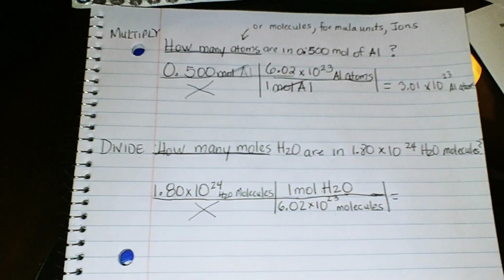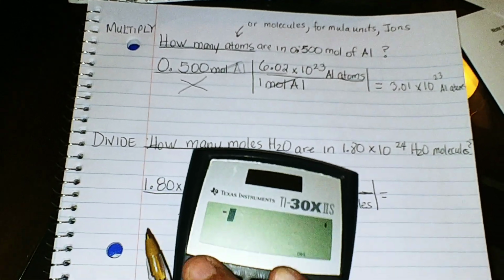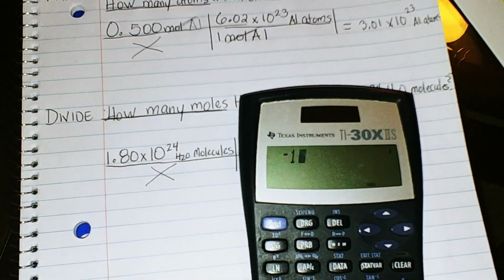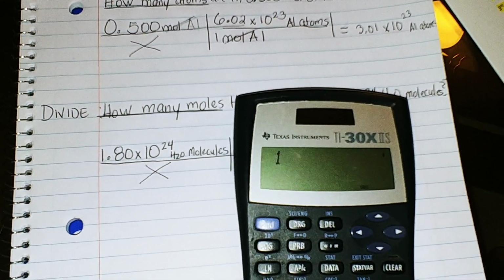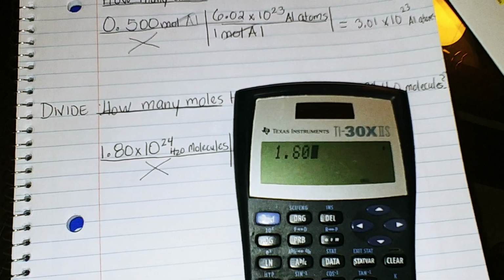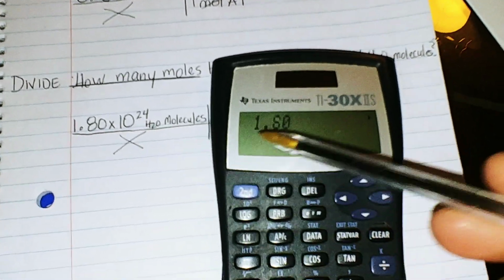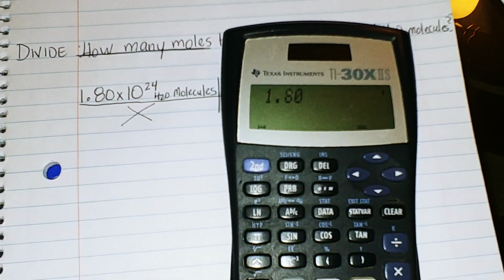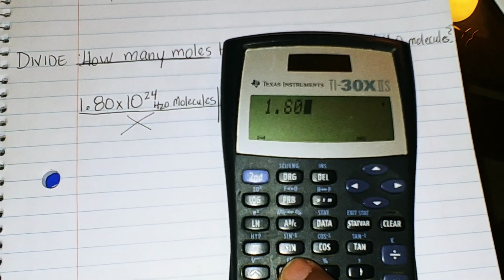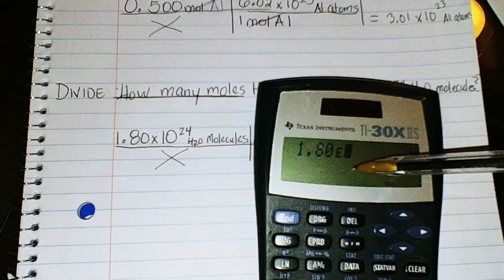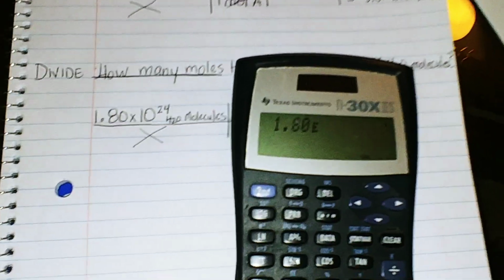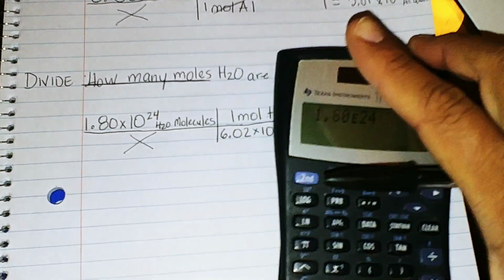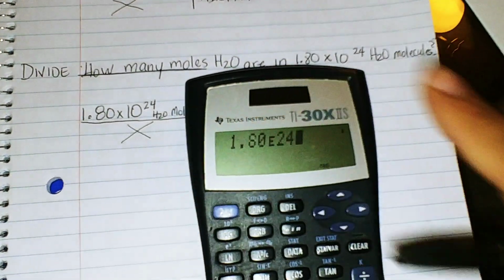So in the calculator, you're going to type in 1.80. Remember, we have times 10 to the 24th, so we use the exponent key. That gives us the E. We're not going to type times 10. We're going to put the exponent, which is 24.